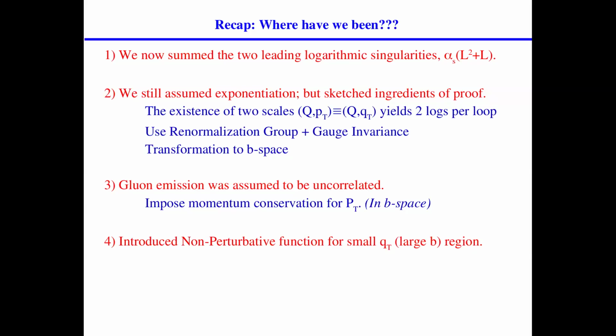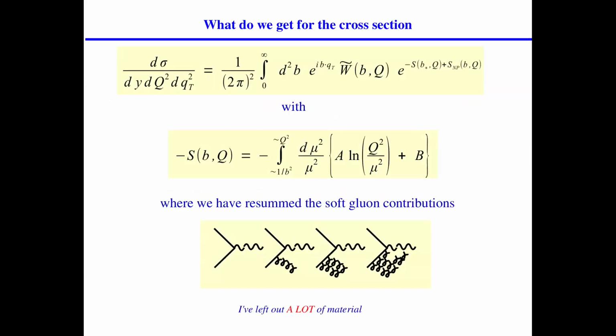So at least in CSS formulation, they transform that to B space so they can impose momentum conservation in B space. And then in the exponent, you have to integrate down to a scale of 0. So you cut that off and you introduce a non-perturbative function that you have to fit in some way. So those are some of the details there.